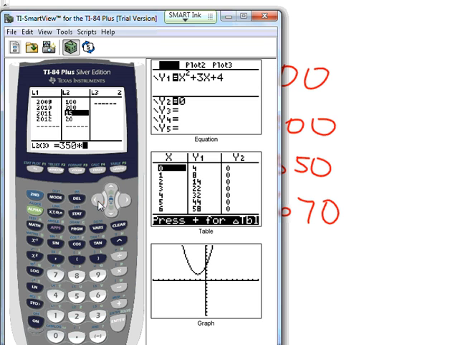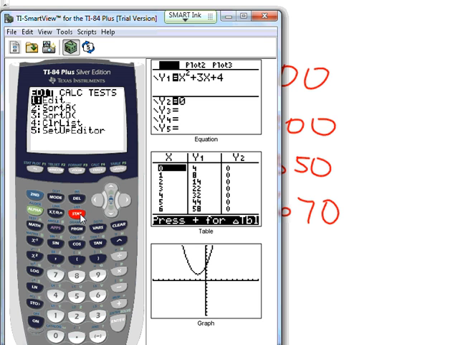See, delete that. 350, and then 670. So, if I want to do a linear regression for this, I got to hit stat, calculate, linreg. Sorry, linreg is the fourth one. I hit enter, and there it is.